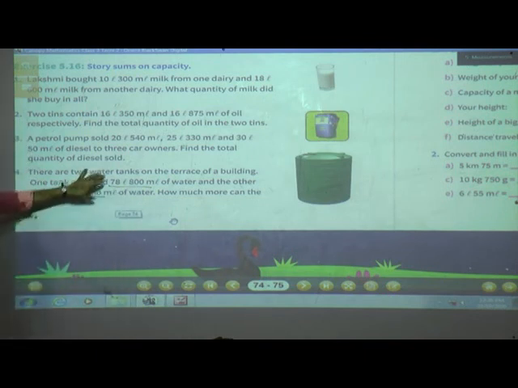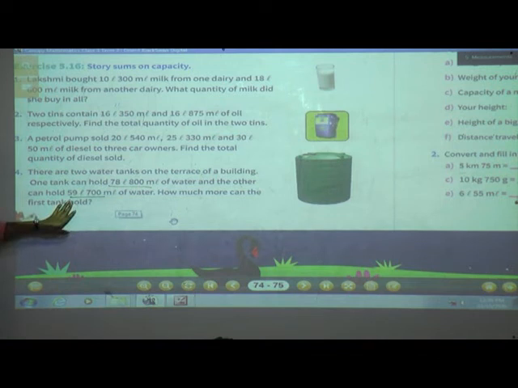So just see the liters figure. Okay, here how many liters we have? 78 and here 59. Okay, so which one is bigger? 78 or 59? Yes, correct. 78 is greater than 59. So the capacity of the first tank is more than the capacity of the second tank.